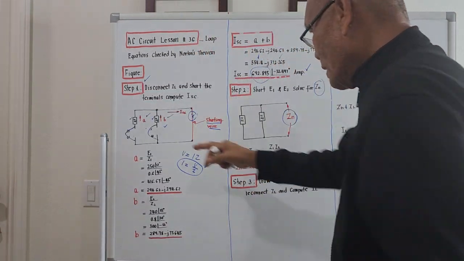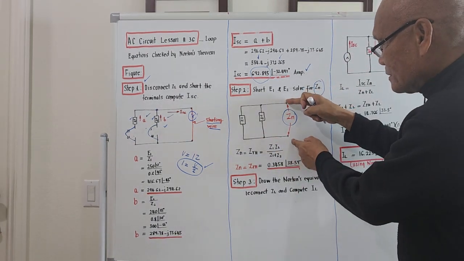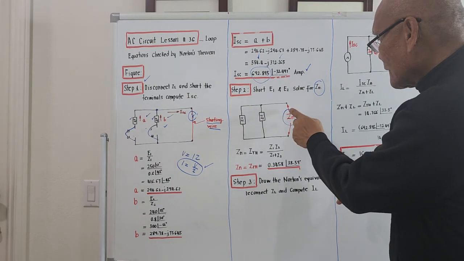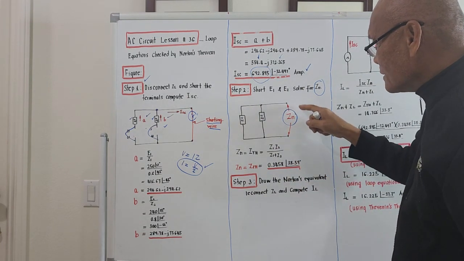After removing voltage source number 1 and number 2, put an ohmmeter across this. And what you can measure is actually Z with the subscript N, meaning Norton's impedance.